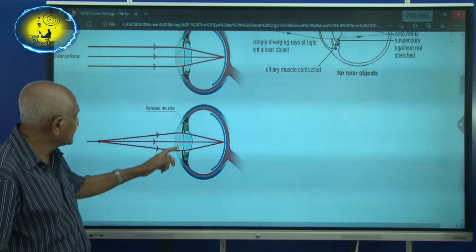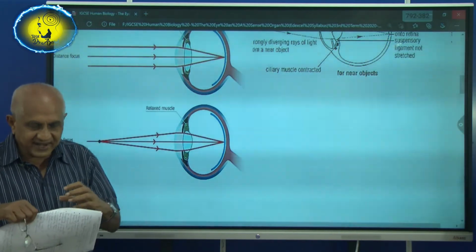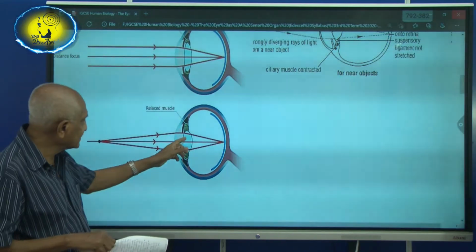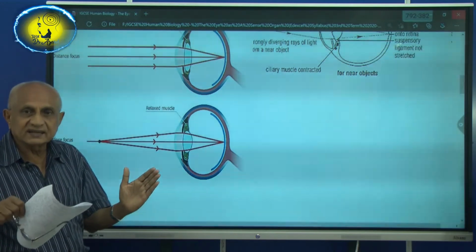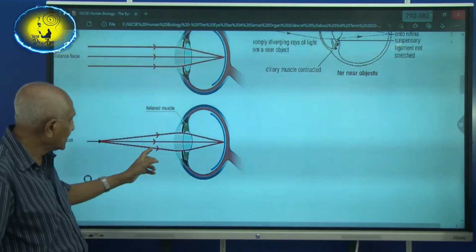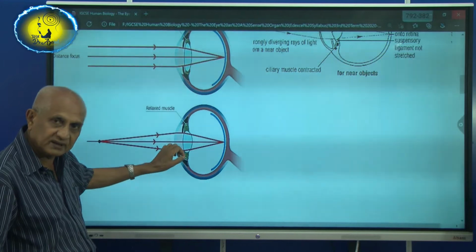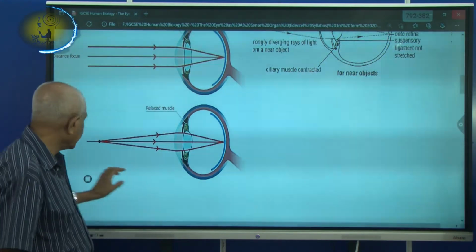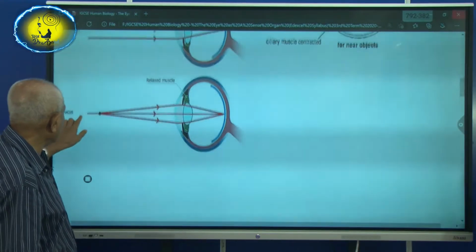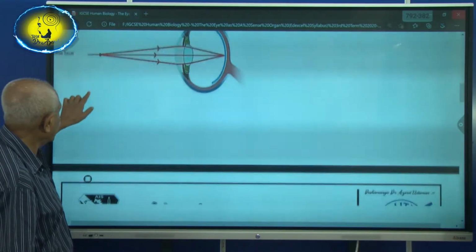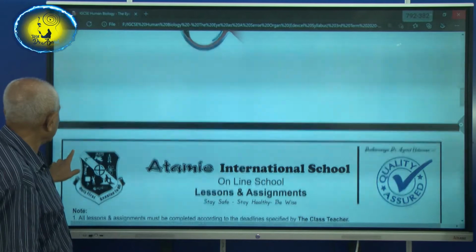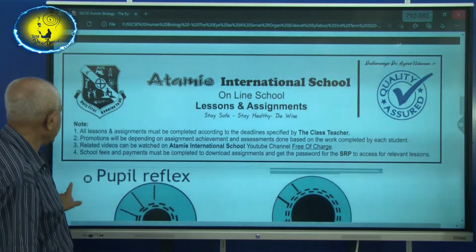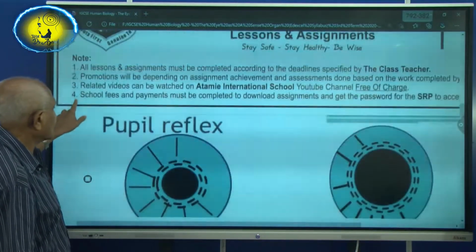Here you find the ciliary muscles relaxed. When they relax, the lens becomes thicker and broader. So the refraction is more here and the image is formed on the retina. Now this is how we manage to see distant objects and those which are very close.